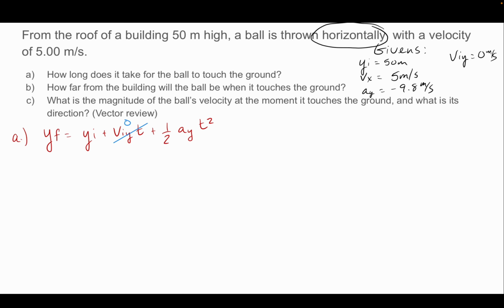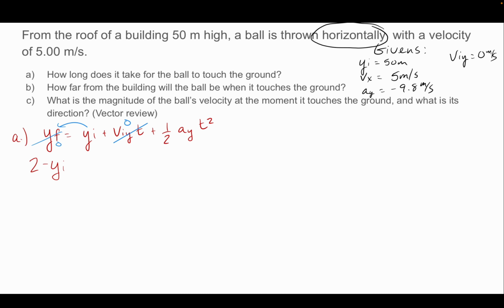And we're just left with rearranging this for t squared, right? So we end up having something like 2 times negative yi, because I'm bringing this guy over here. I bring this guy over because I don't need him.